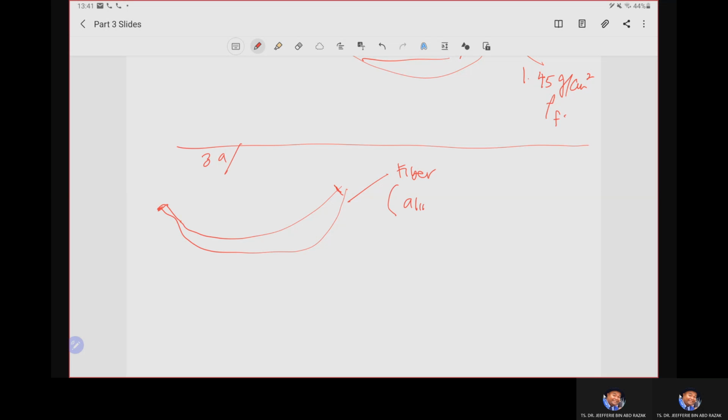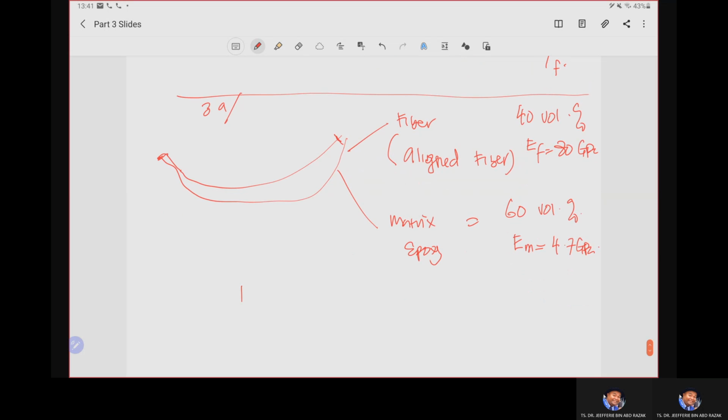We align the fiber continuously, having 40 volume percent with E fiber equals 80 gigapascal, and then using the epoxy matrix having 60 volume percent, and the modulus of the matrix when hardened is about 4.7 gigapascal. So find the E composite.